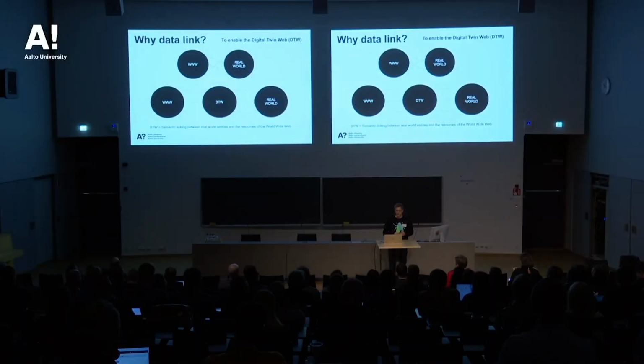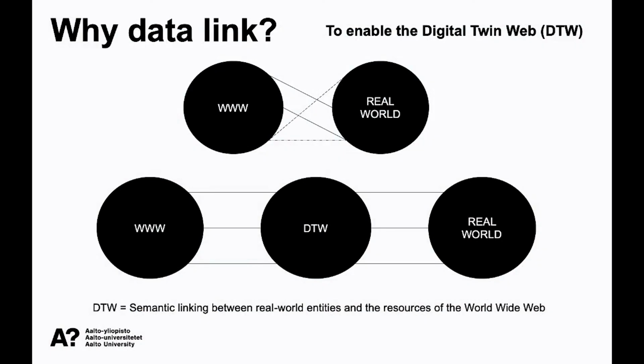But basically, usually the link between World Wide Web and the real world is not very feasible. So the lower balloons, three balloons, have the digital twin web, and the digital twin web connects the real world to the World Wide Web.